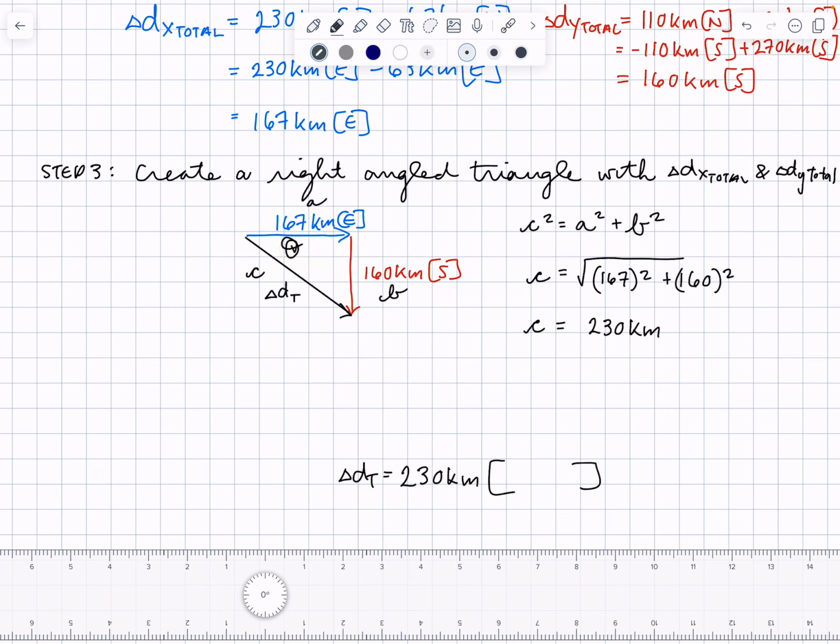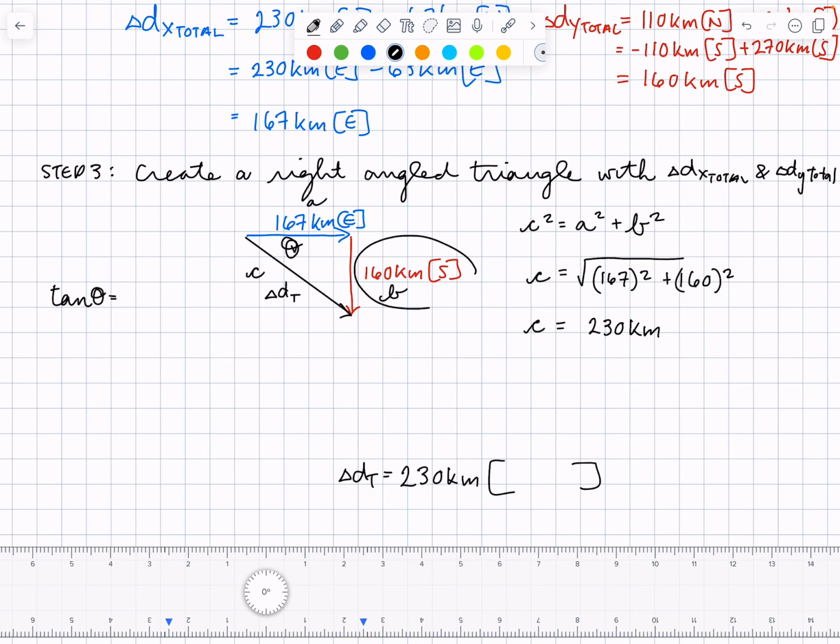So I know that tan theta equals opposite over adjacent, and I can find the angle by finding the inverse tan of 160 over 167.